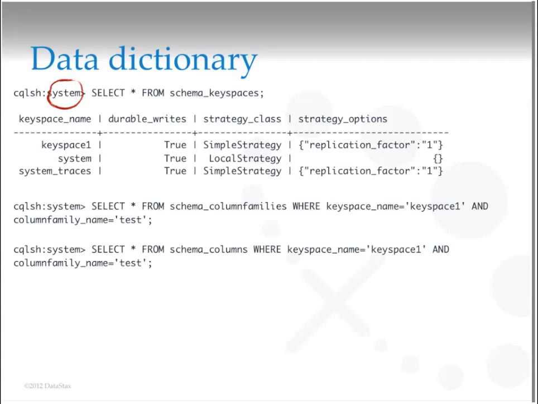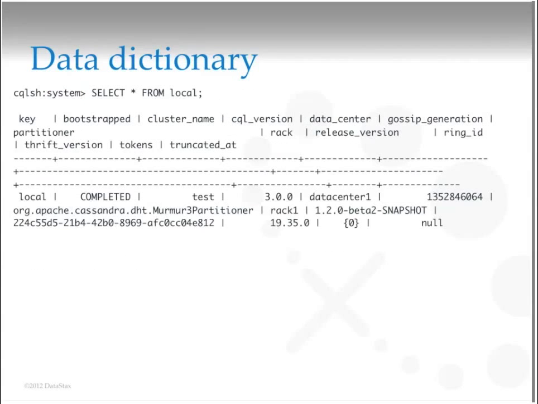Then for the information about the cluster itself, we have 2 tables. We have the local table, which is about the node or the machine itself that we're talking to. And then a slightly thinner table is the peers table, which is everyone in the cluster, what do I know about them?